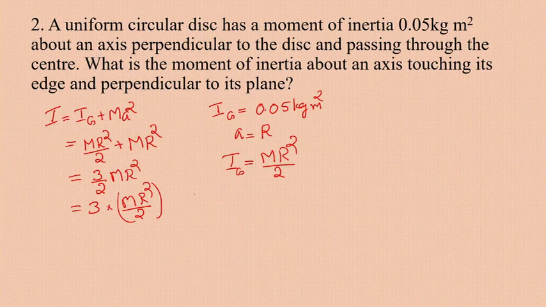So instead of M R square by 2, we can substitute the value of Ig, that is 0.05 kilogram meter square.